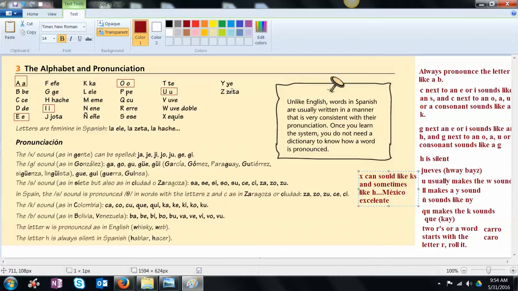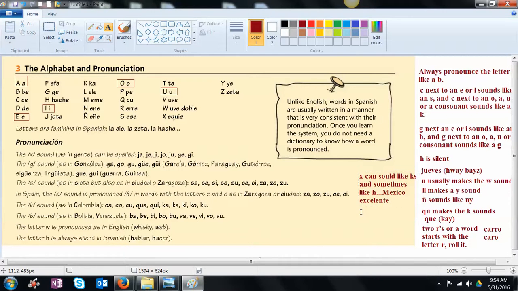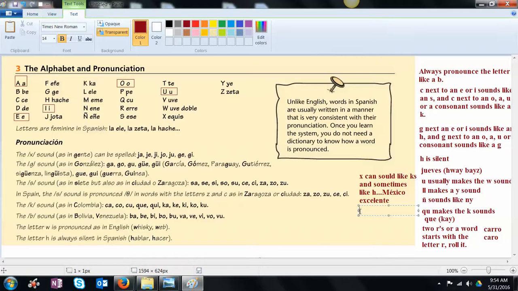And then you've got the Y, which can sound like a vowel or it can sound like a semi-vowel. For yo, it sounds like a consonant, but in a word like soy, it sounds like a semi-vowel.